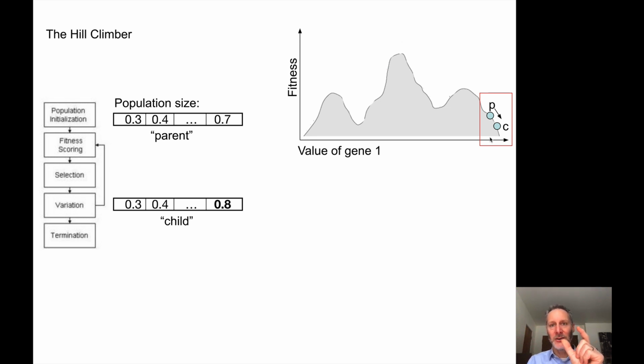There's only one value in that vector, so it's this value that gets changed by a slight amount. In my cartoon example here, that random mutation increases that single gene value or that single synaptic weight value by a small amount, which means from the point of view of the hill climber, it's moved one step to the right along this horizontal axis.